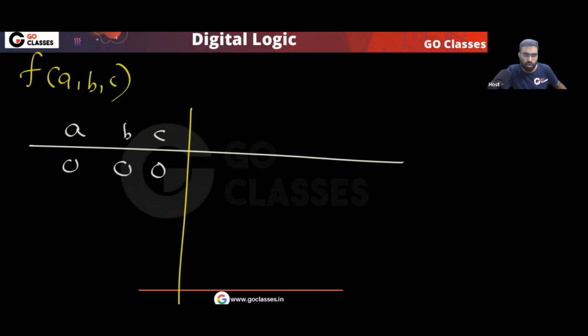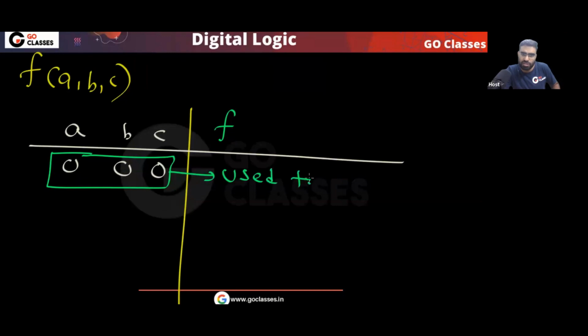You will check this row if you want to check whether it is zero preserving or not. This row is used to check if f is zero preserving or not. Yes or no?